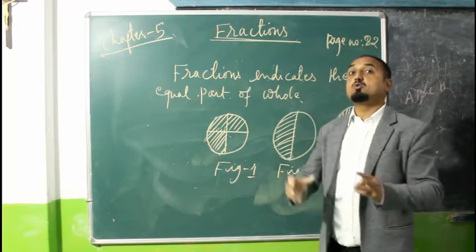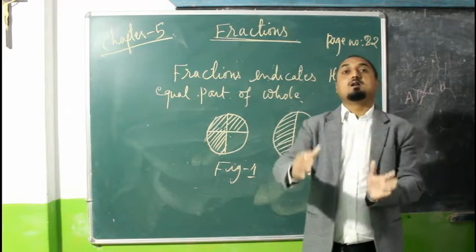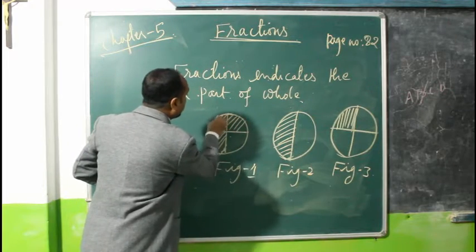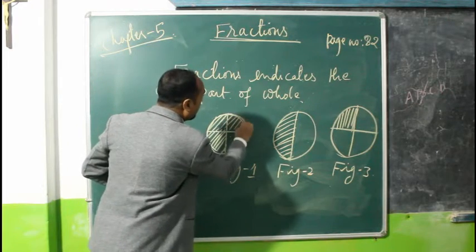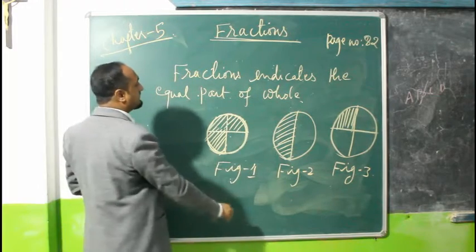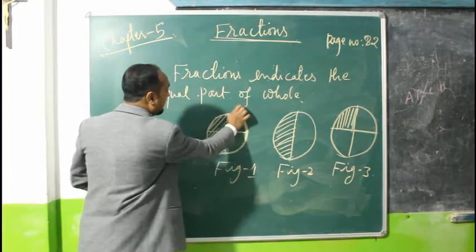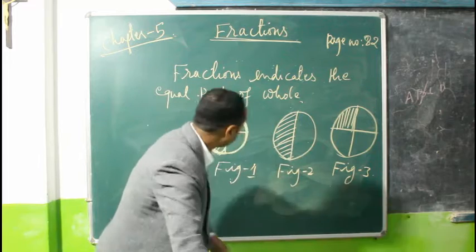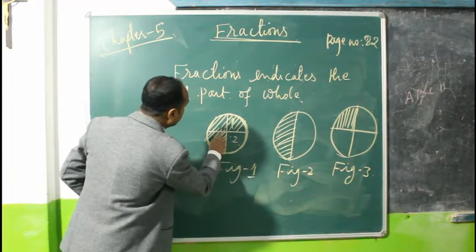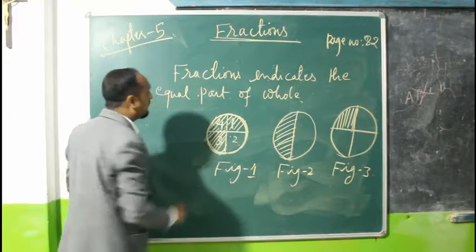Now I am going to represent these figures in fraction form. You can see that here I have divided this circle into four equal parts: 1, 2, 3, 4. Four parts.